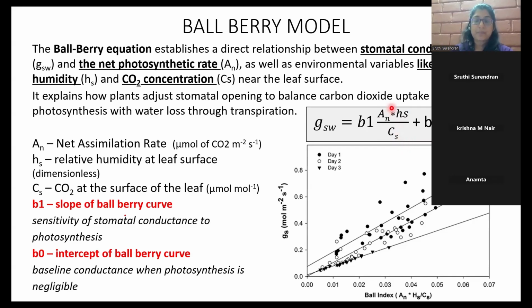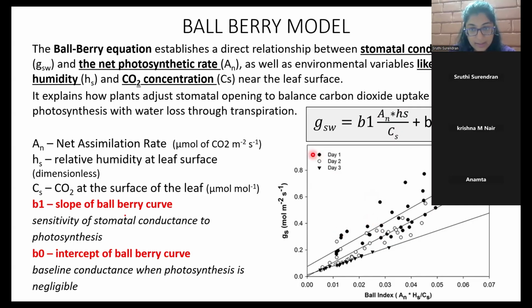Now, suppose we are using the Licor 6800 instrument that I had explained to you in the earlier classes, and we are getting measurements of stomatal conductance and photosynthesis. From that, we will calculate this term AN into Hs by Cs and plot it in a graph like this.